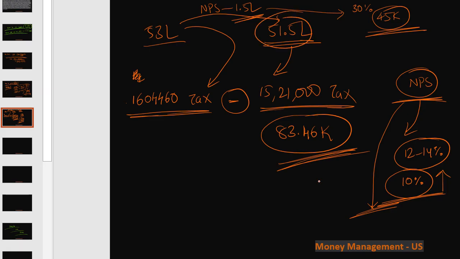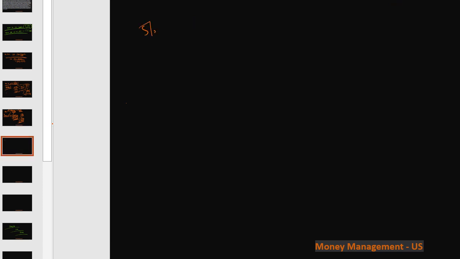So let's say you are in this range. I will just take another slide. 51.5 lakh you were there, with the NPS 1.5 lakh, your income became 50 lakh.